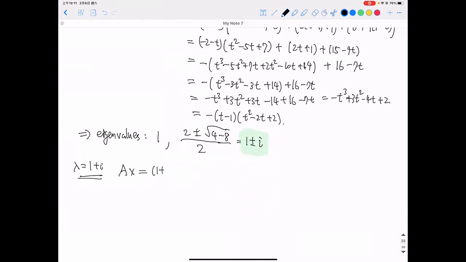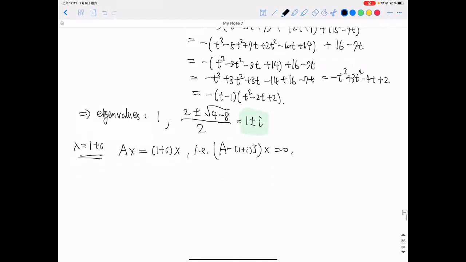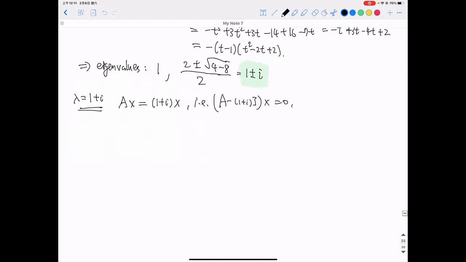Again, you're supposed to solve the system (A minus (1 plus i))x equals 0. And, well, we need to compute now. We need the augmented matrix.